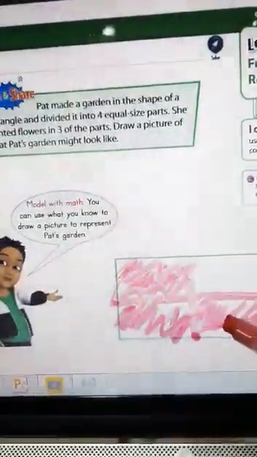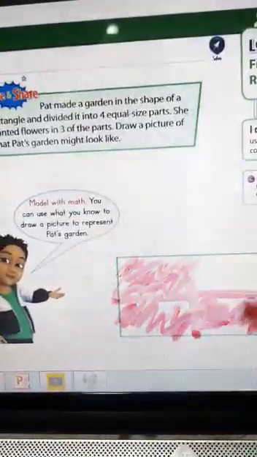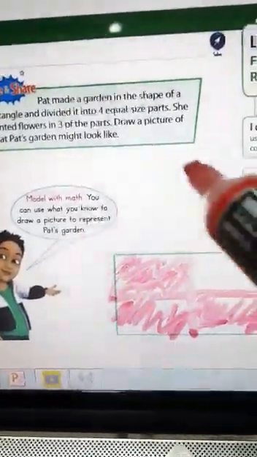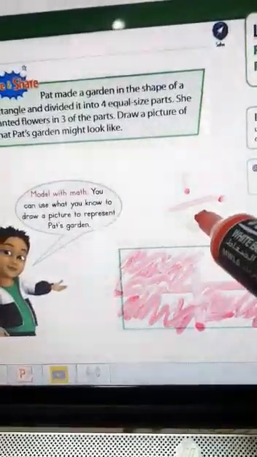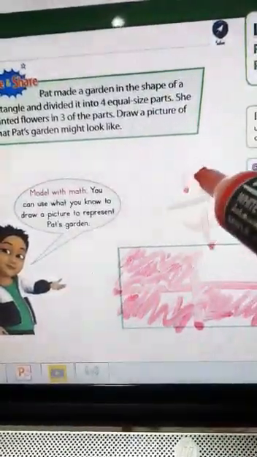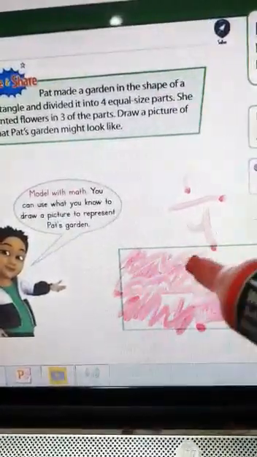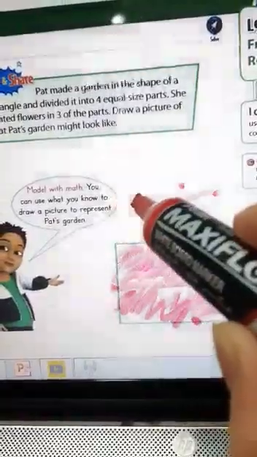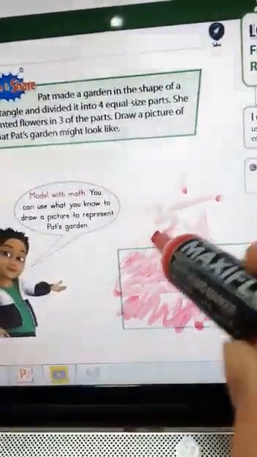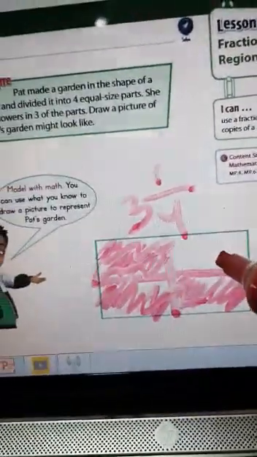Now what do they want? They want 1, 2, 3 parts from the 4. Anyway, you have in whole 1 of 4. Yes, you have 1 of 4. But how many shaded? 3. 3 shaded. How many left? 1.